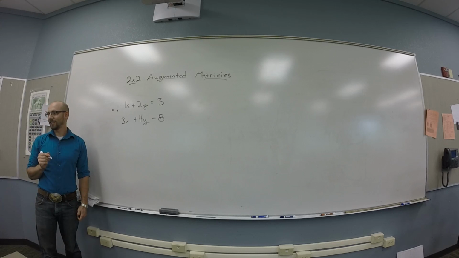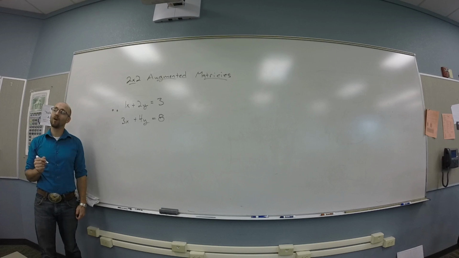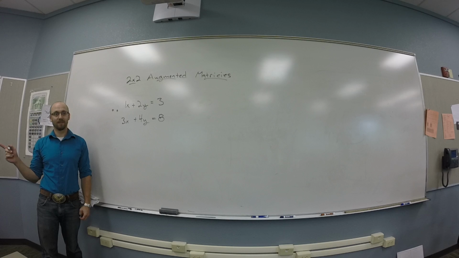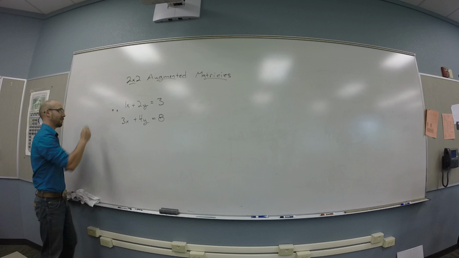Can anyone tell me what kind of thing these two guys are? They're equations that specifically describe what kind of thing? Like maybe what if you solve for y? Points on a graph, specifically a line. You guys see that? Yeah, these are linear equations, right? These are lines.